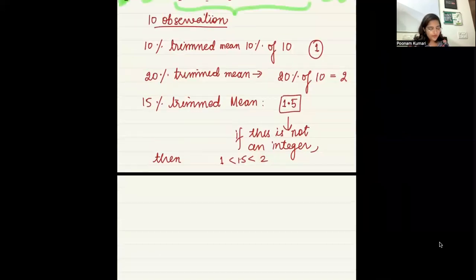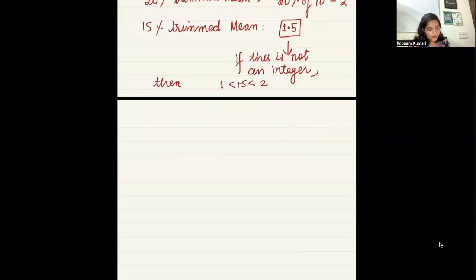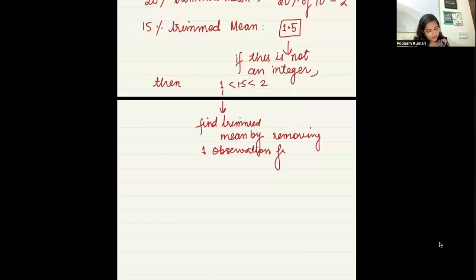So first you find the trimmed mean by removing one observation each from both sides. And then again you find the trimmed mean by removing 2 observations each. First you do those 2 things.